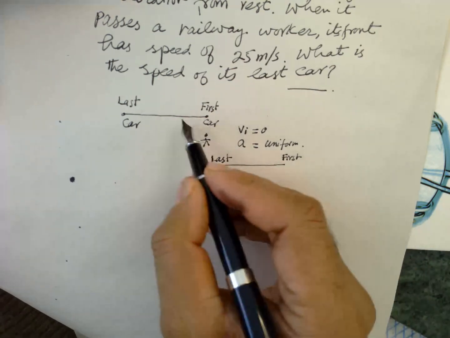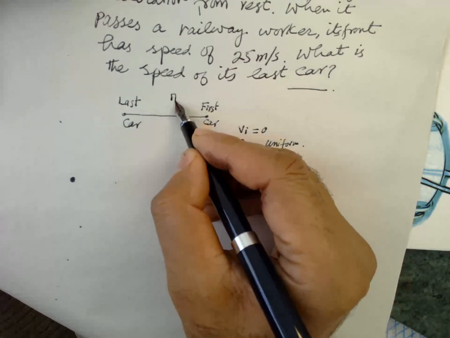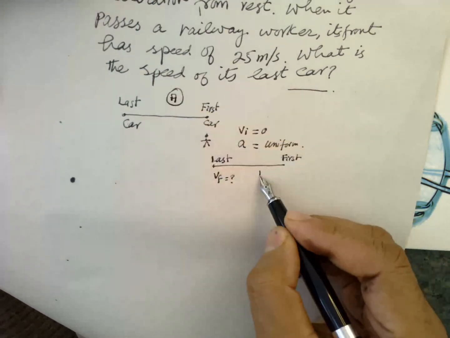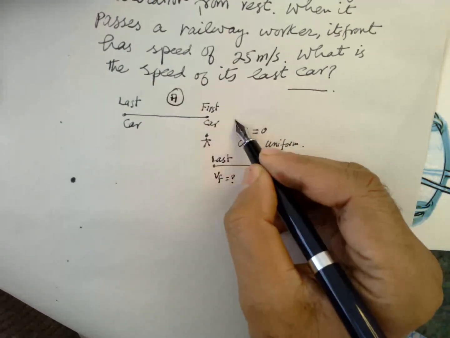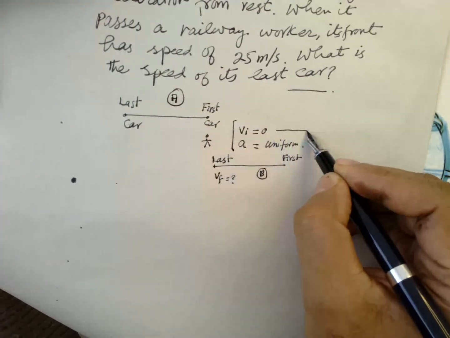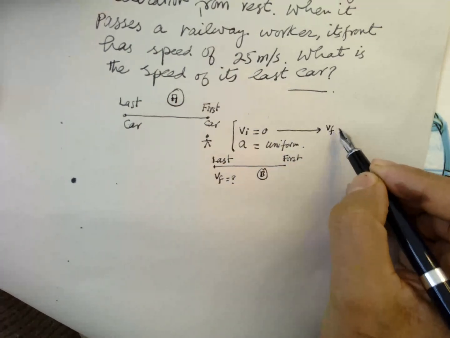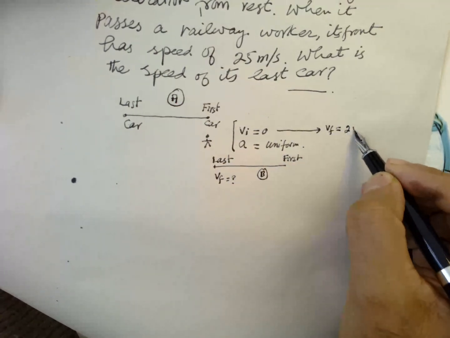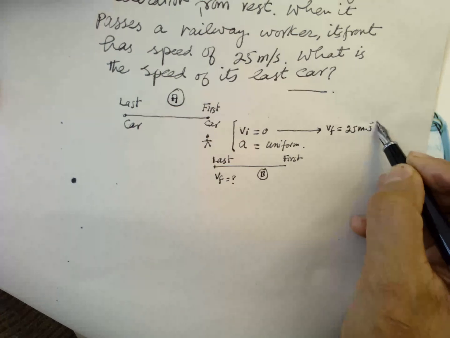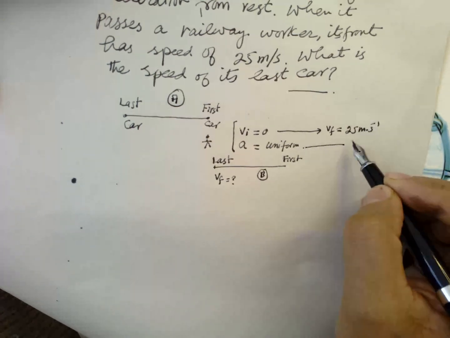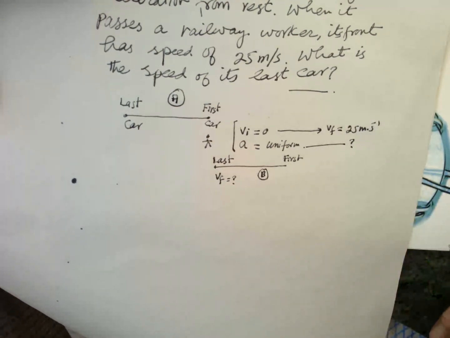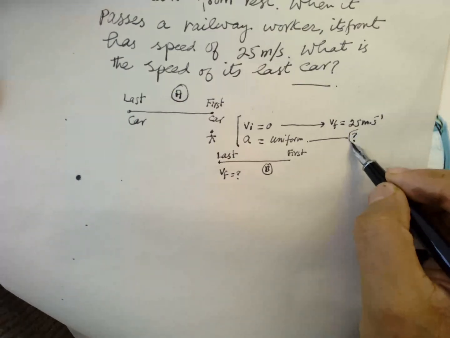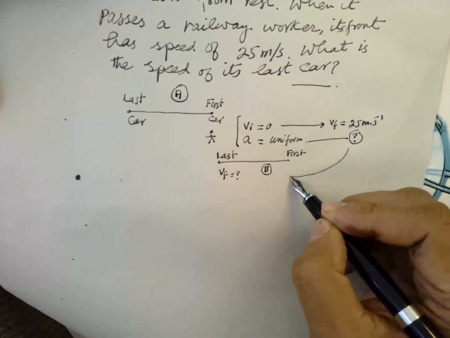So from here, this is A, and this is B. From A, Vf is given, which is equal to 25 meters per second. So from this one, we have to find this one. When you find this A, then you can substitute it in this one.